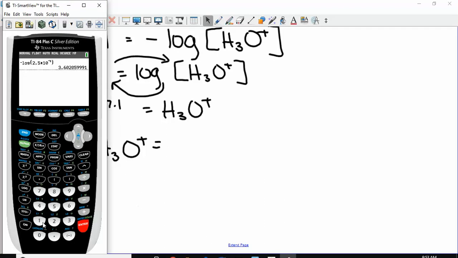If you type 10 to the negative 7.1 power in your calculator, you get this decimal. I don't really remember, this assignment is Math Excel. I'm trying to remember how many decimals it told you to keep on these.